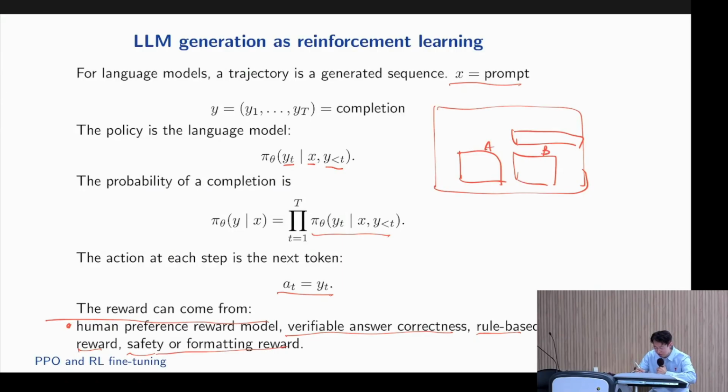Option A, option B, which do you prefer? And you click one, right? So what you click becomes a supervised label for human preference.